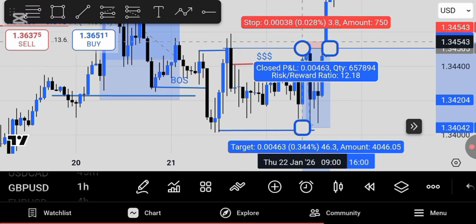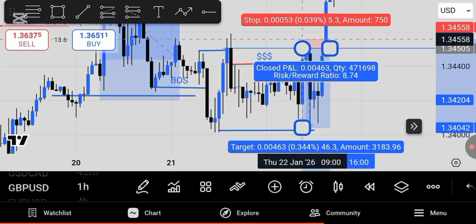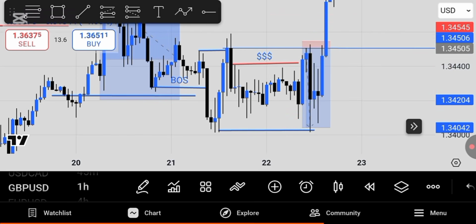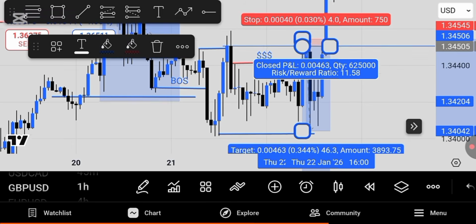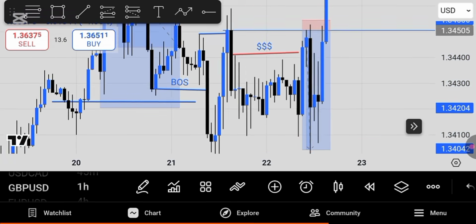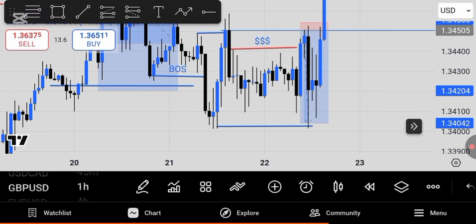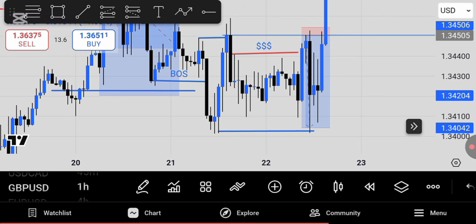So for me, I put a 4 pip stop loss. See, it's actually a 1:11, but I took my trades at 1:10. I took my profit at 1:10. At 1:10, I was already comfortable.